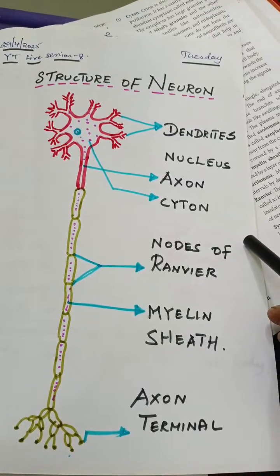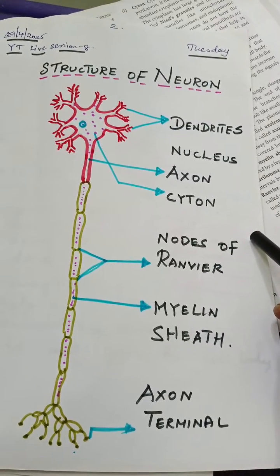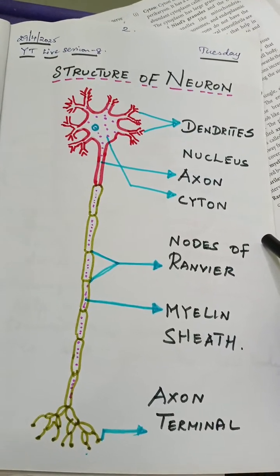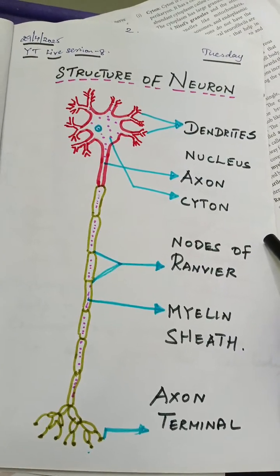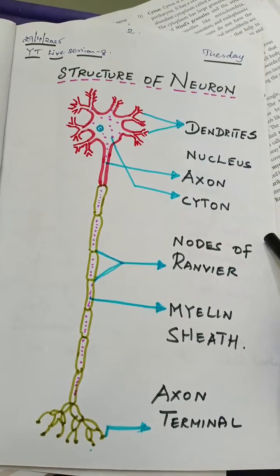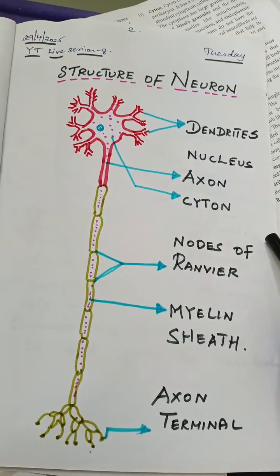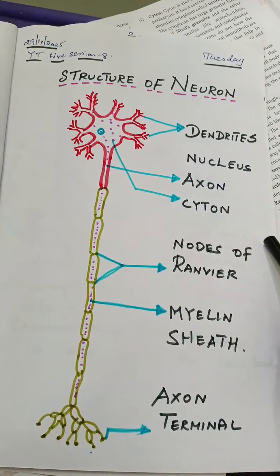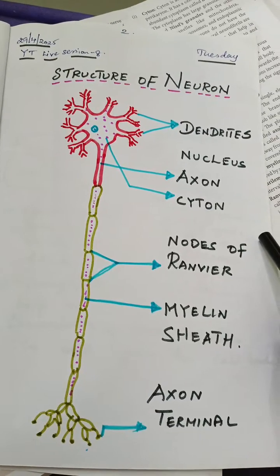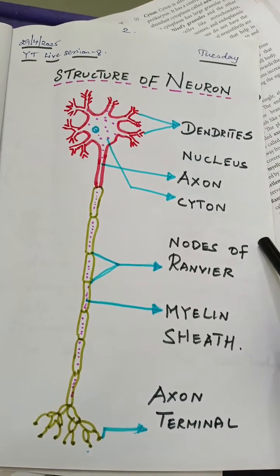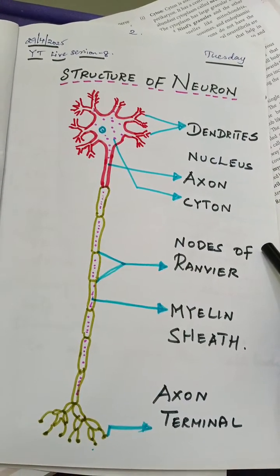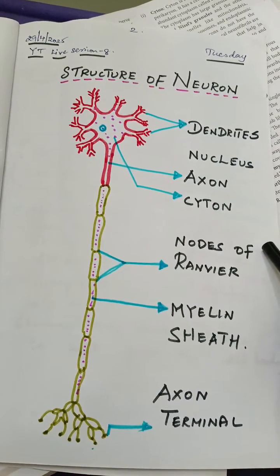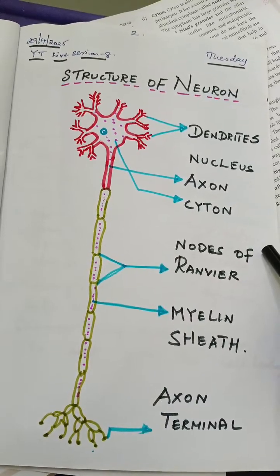Just a 2 minute recap. In the previous class, we studied what is the stimulus, what is the response, and how do living organisms respond to the stimulus, and then what is the coordination. That is, if a living organism wants to respond to a stimulus, a signal from the environment, it needs to coordinate all the organs in its body.